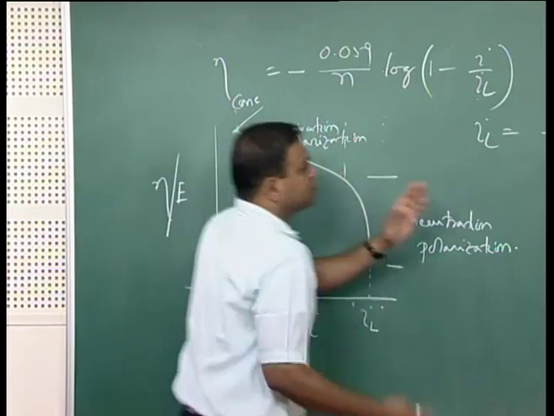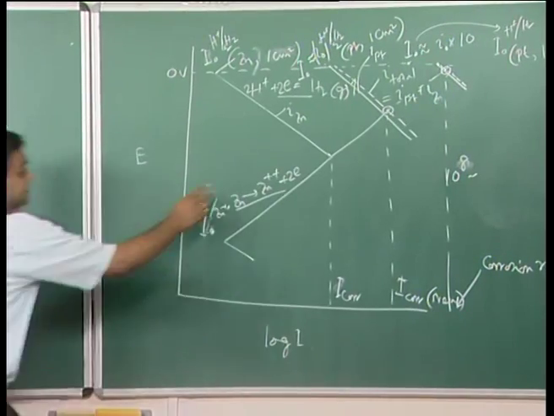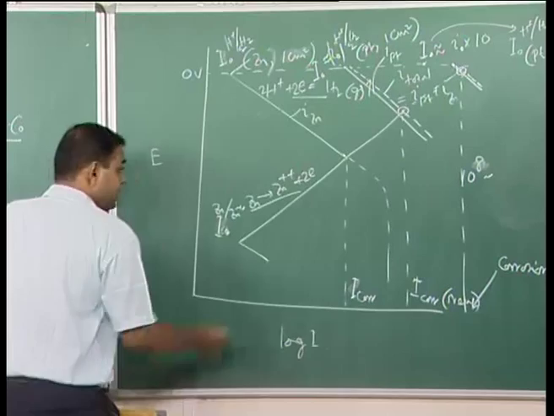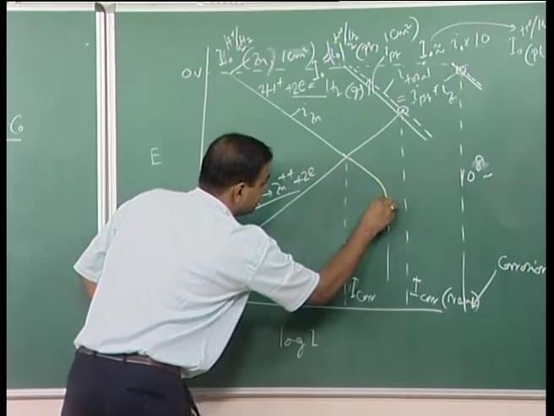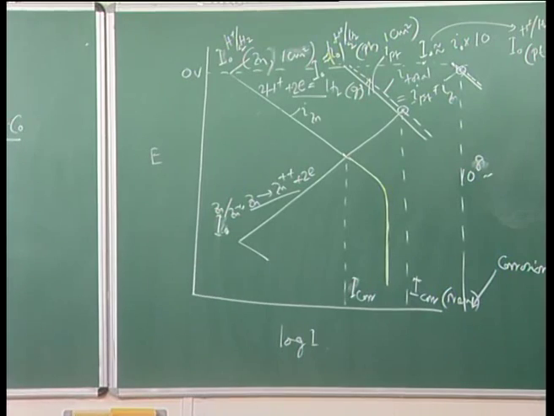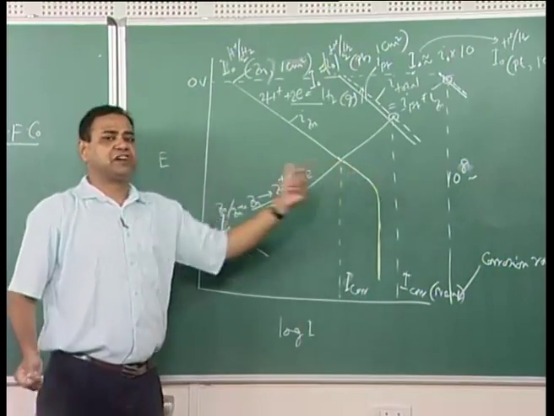Up to this you can relate to this, and thereafter it is coming like this. So, here also you can experience concentration polarization, provided you go to a very, very large current density.